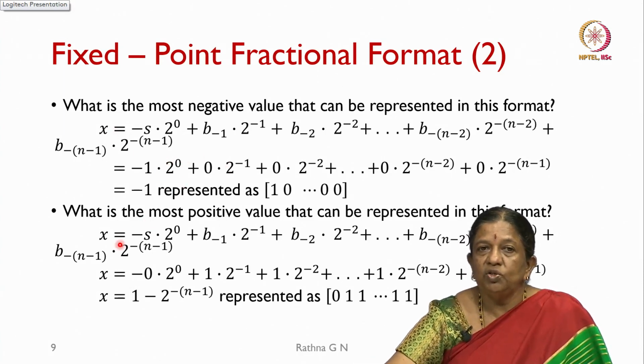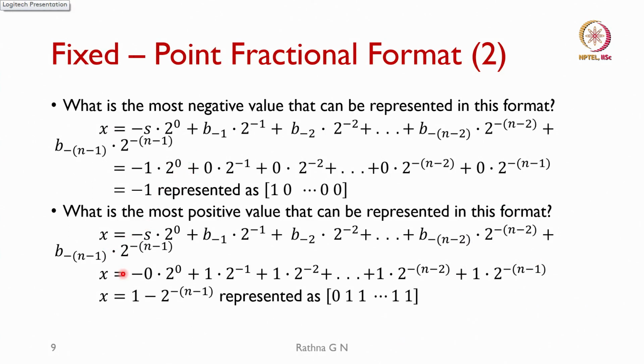And then what is the most positive value that can be represented in this format? We have s is equal to 0 and the rest of the values are going to be 1. So, it is represented as 1 minus 2 to the power of minus n minus 1.